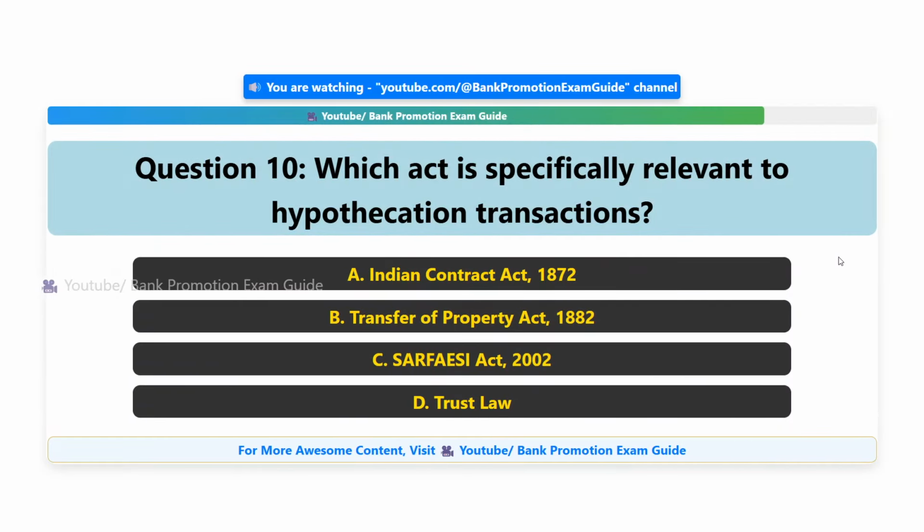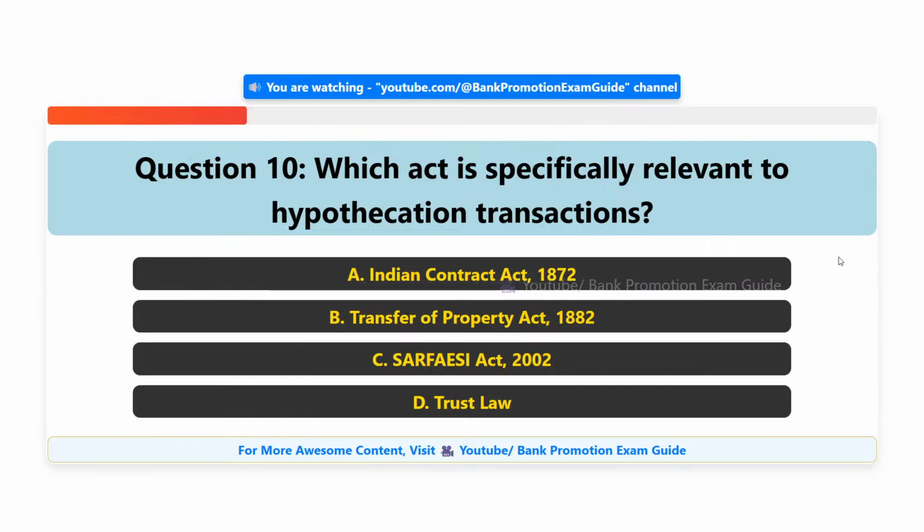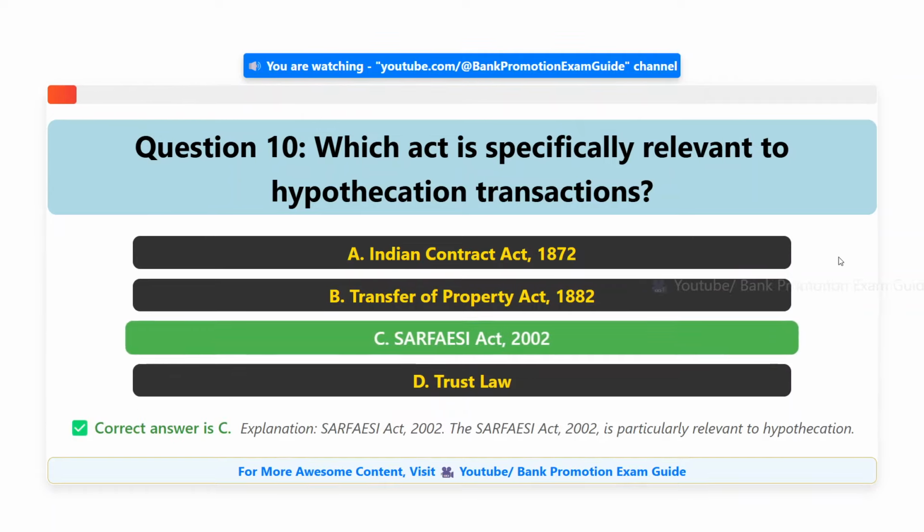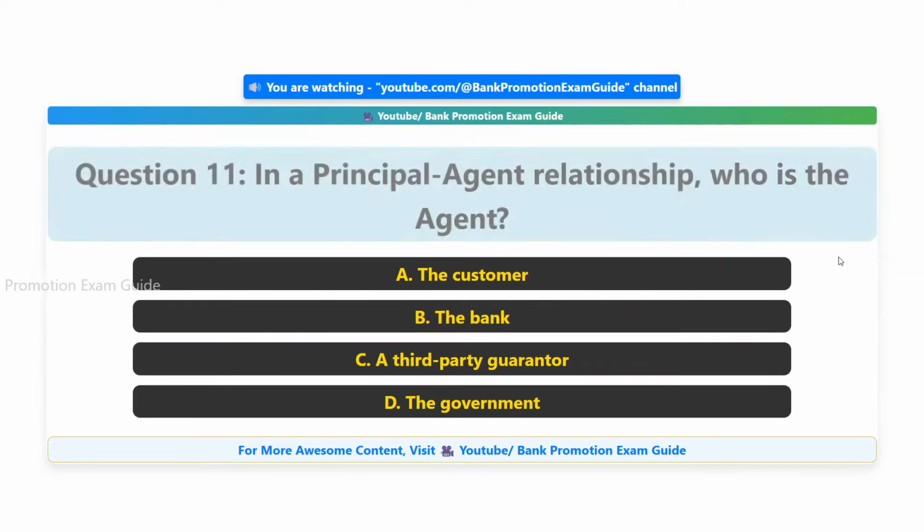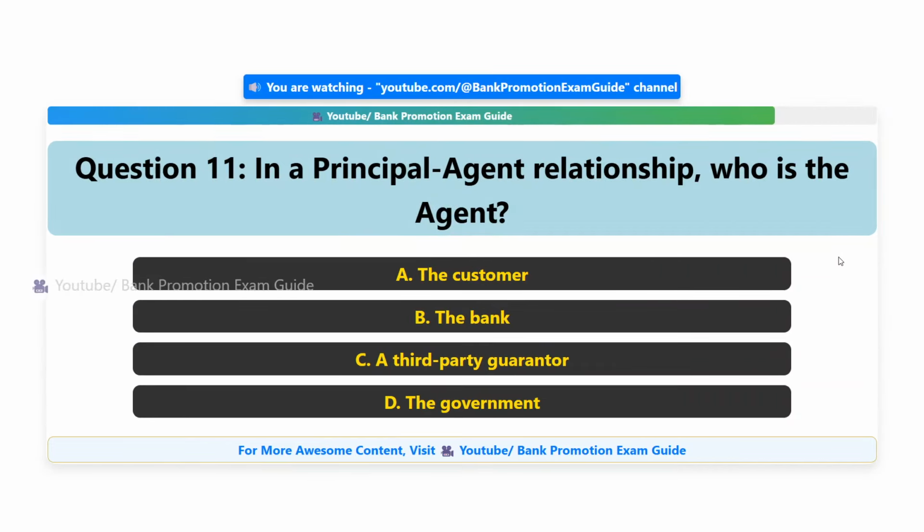Question 10. Which act is specifically relevant to hypothecation transactions? SARFAESI Act, 2002. The SARFAESI Act, 2002, is particularly relevant to hypothecation. Question 11. In a principal-agent relationship, who is the agent?